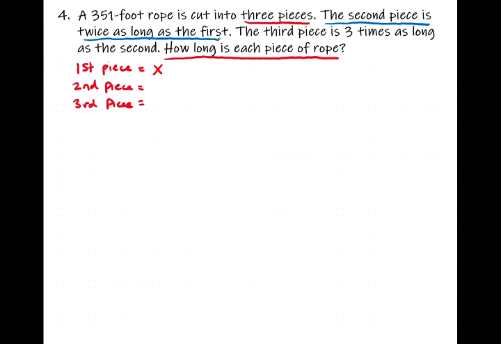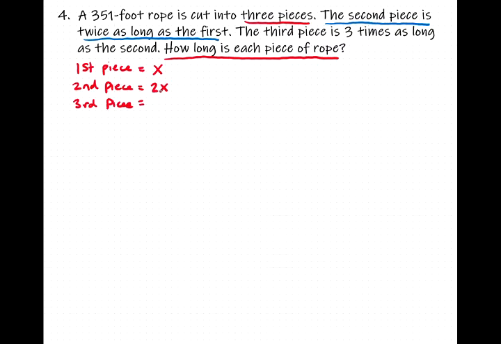Okay, so if the first piece is x feet long, we don't know what x is yet. We know it's a number, but if the first piece is x feet, well, the second piece is twice as long. And twice as long means times 2. So no matter what the first piece is, the second piece is double that, twice that. So the second piece will be 2x.